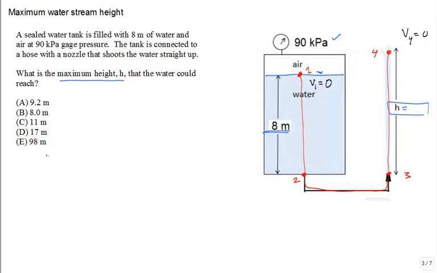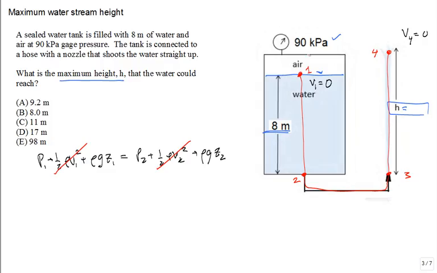So we can write it as P1 plus 1/2 rho V1 squared plus rho g Z1 equals P2 plus 1/2 rho V2 squared plus rho g Z2, correct? And then let's strike the kinetic energies on both sides. Then let's talk about the pressure at 1.